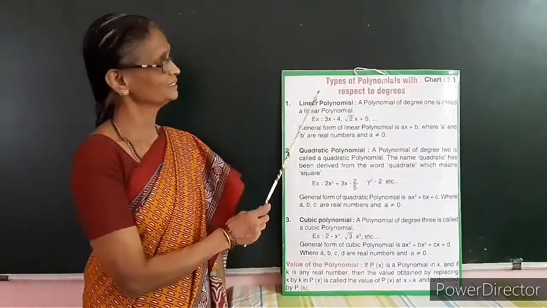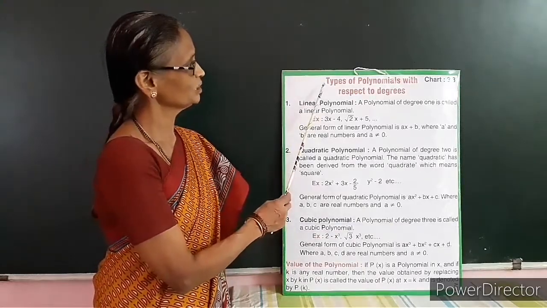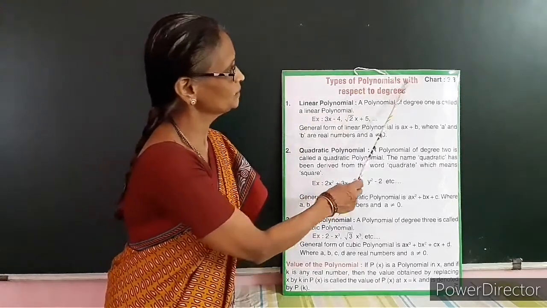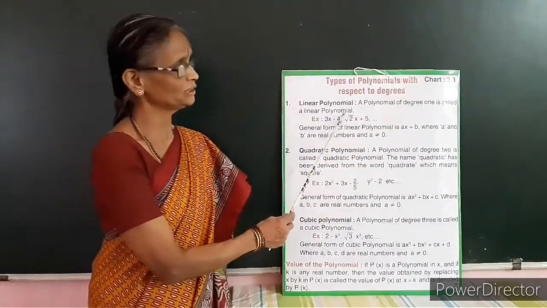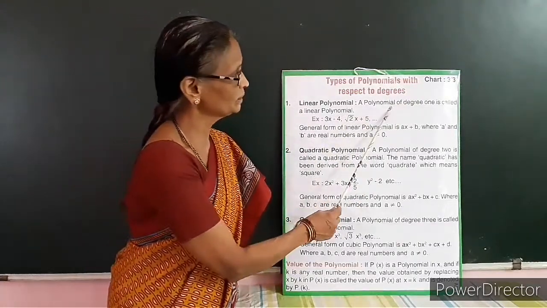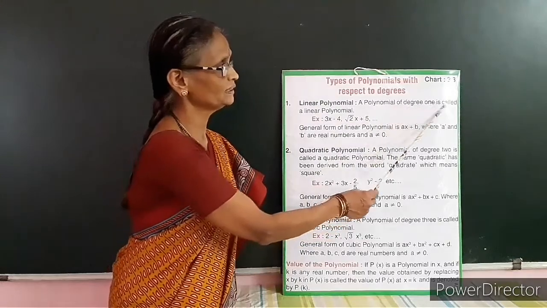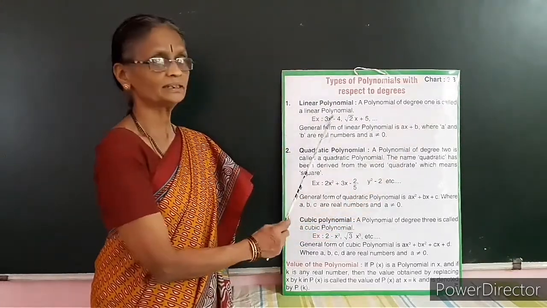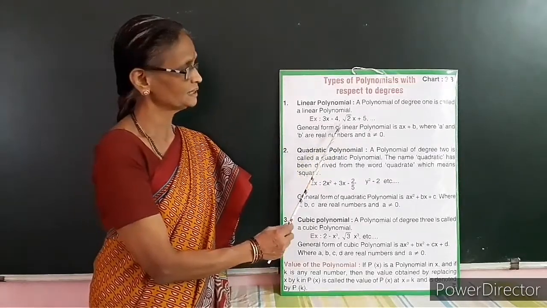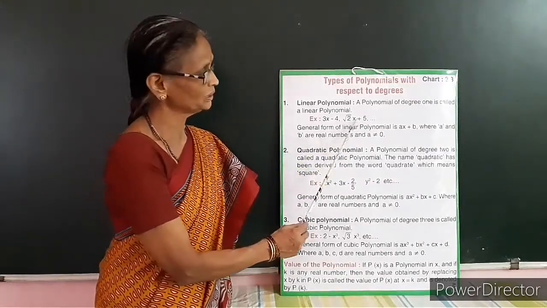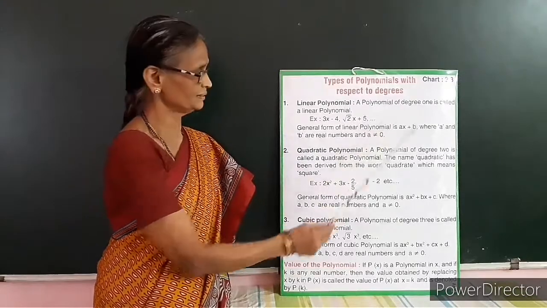Now look here, children. We can study the types of polynomials with respect to degree. First one is linear polynomial. A polynomial of degree 1 is called a linear polynomial. Example, 5x minus 4, root 2 x plus 5, etc.